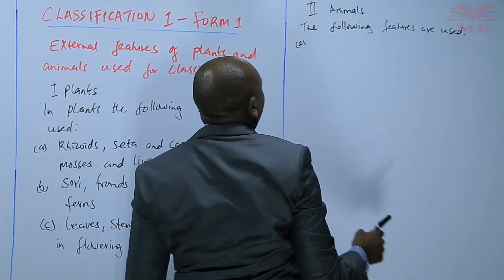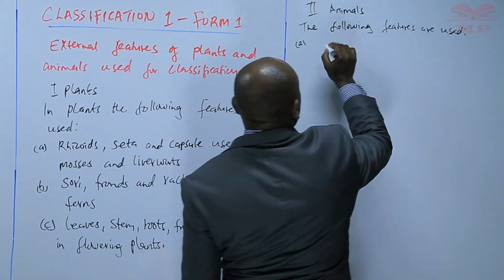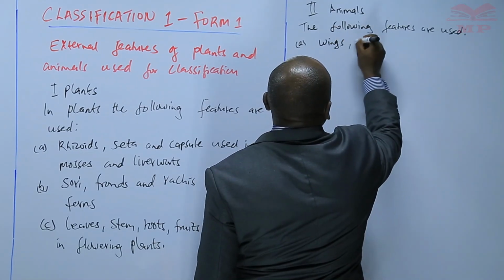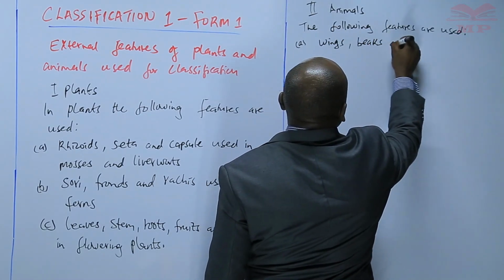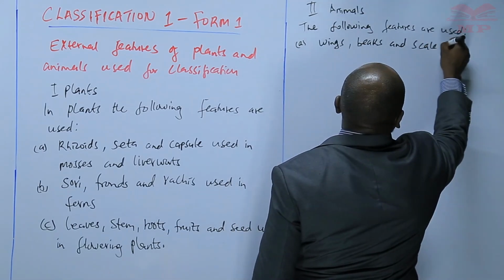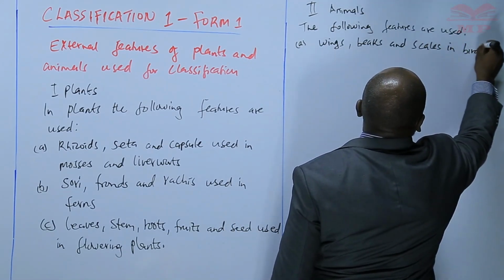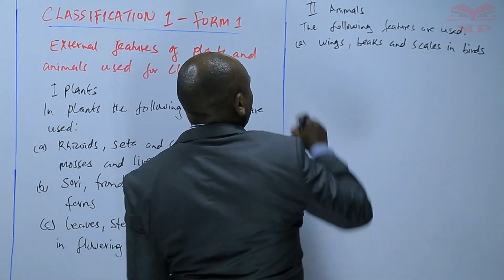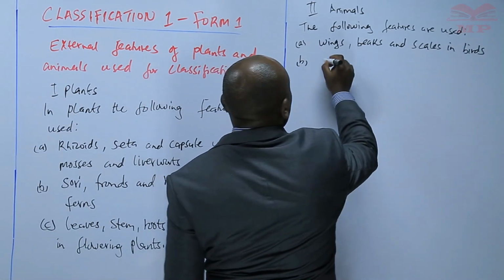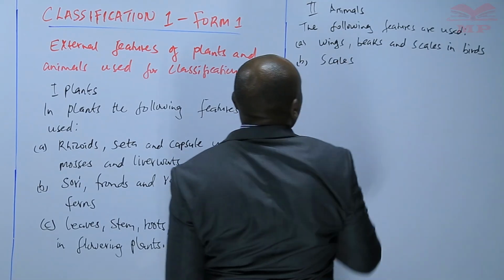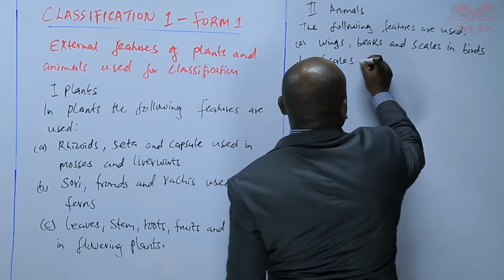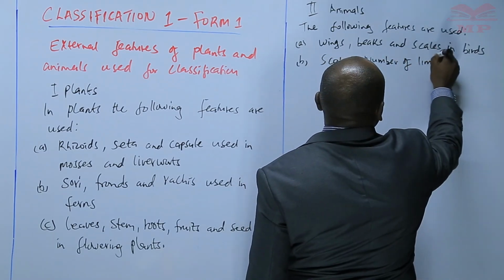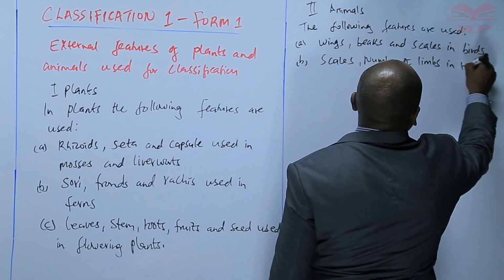In some animals, we use the wings, beaks, and scales. In birds, those are the features we use to classify birds. We use scales, the number of limbs or legs in reptiles.